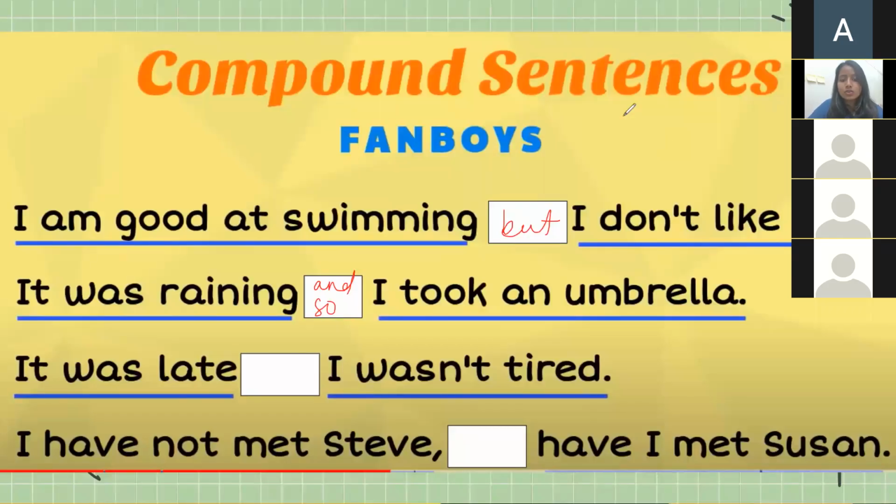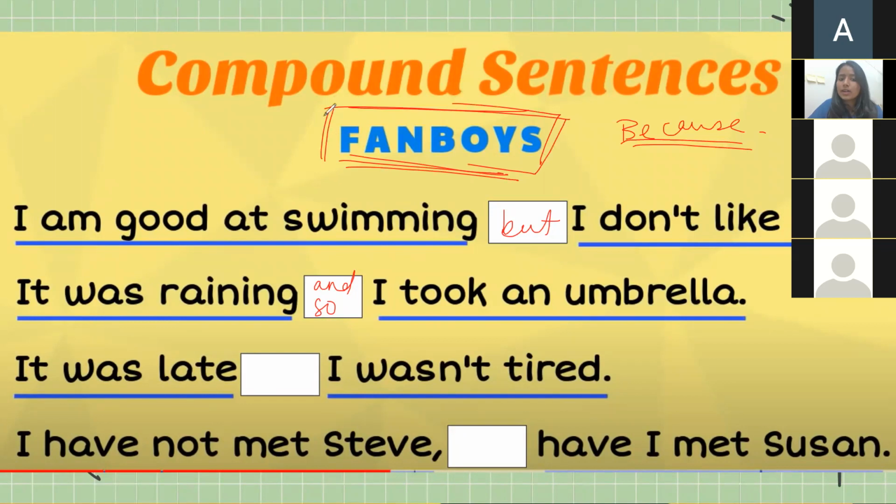You can't write "because", as I just said that "because" is not a conjunction. You will remember conjunctions from FANBOYS. Only these are your conjunctions. Any other words are not conjunctions. Got it? So please don't write "because" anywhere, because if you put "because" it will become a complex sentence.